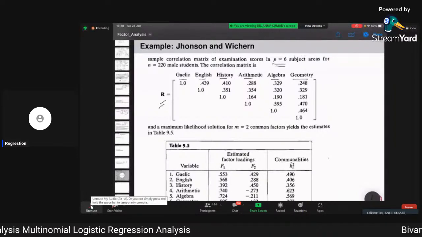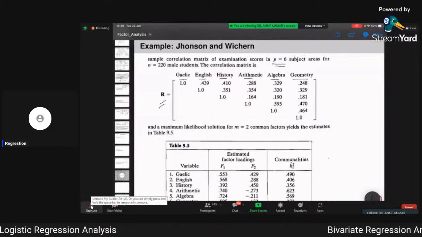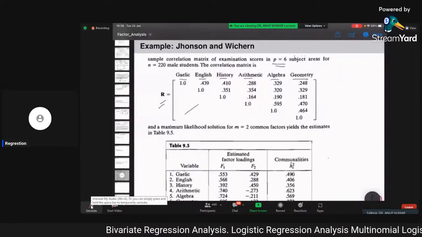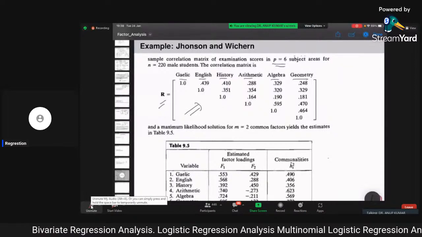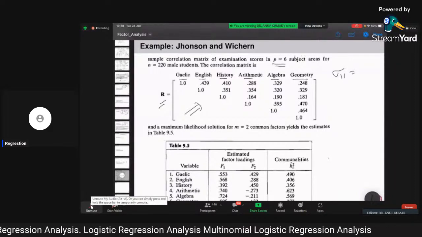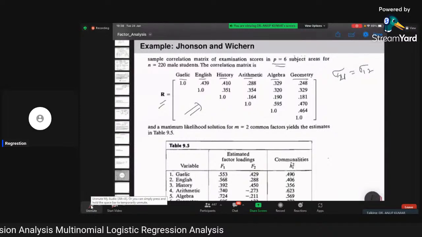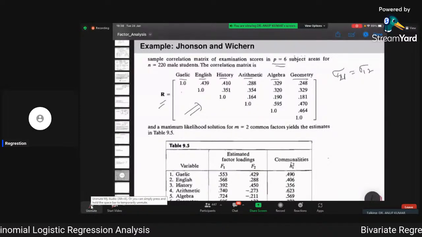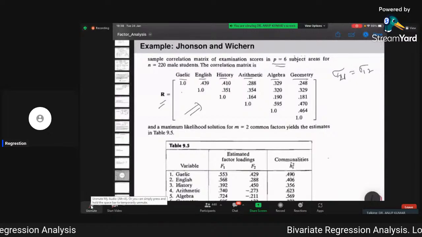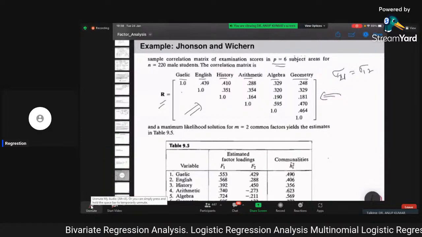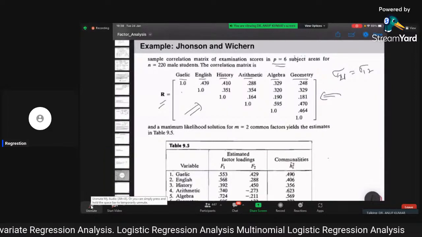This is our rank correlation matrix. Why is the lower part not written? Because sigma 12 is equal to sigma 21. That's why whatever value, 0.439, is written here can also be written there. You can see that most of the observations are more than 0.3.